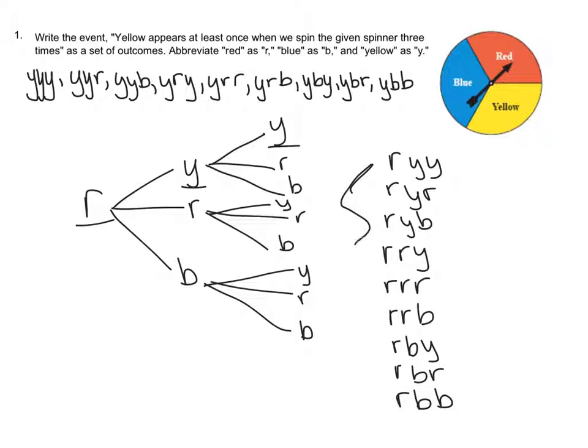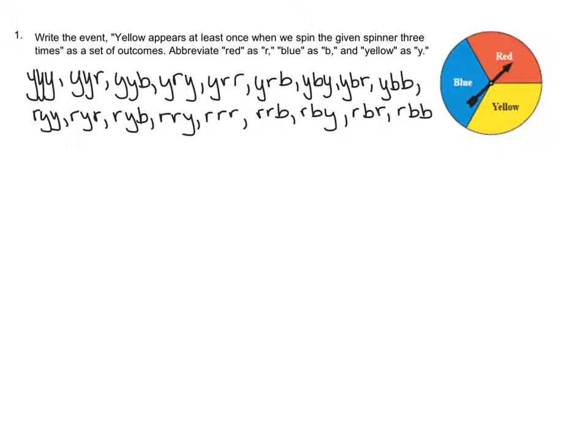So these sets represent spinning a red on my first spin. I continued my list of outcomes by including those sets of spinning red first in my list. Now lastly, I'm going to list all the outcomes of spinning blue first.